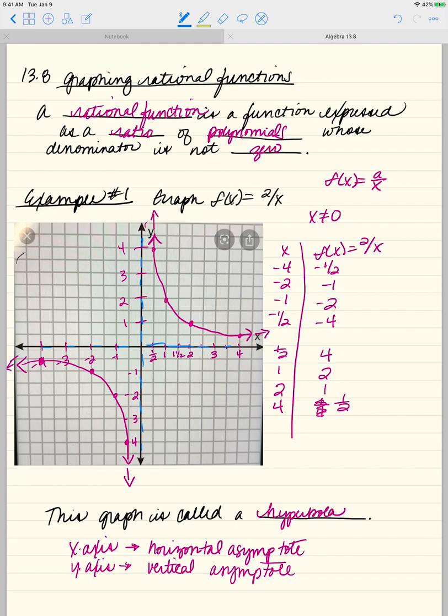So in this case, when we have an asymptote of x-axis and an asymptote of the y-axis, where do the x and y-axes intersect? Well, they intersect at point 0, 0. So the center of any hyperbola is at the intersection of its asymptotes. So in this case, it's at 0, 0.